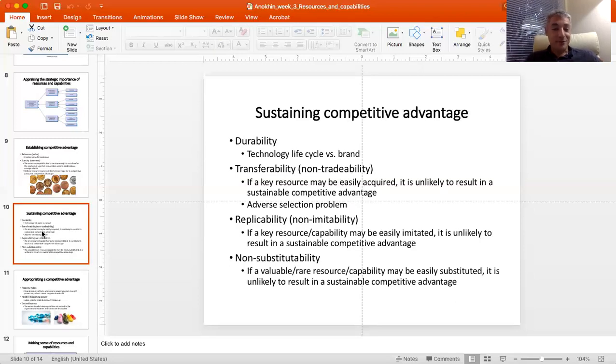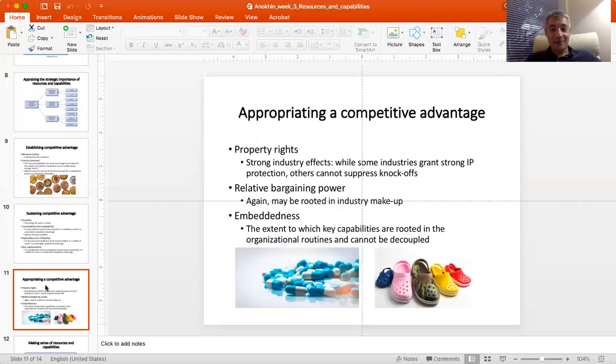But even that is not all, right? You have to be able to appropriate at least a substantial share of this competitive advantage, right? That value that you create for customers and that no one else, none of your competitors can create with that same ease or same effectiveness, you have to be able to appropriate a big chunk of it for your company to really enjoy above average returns.